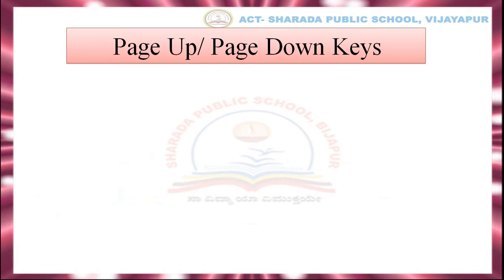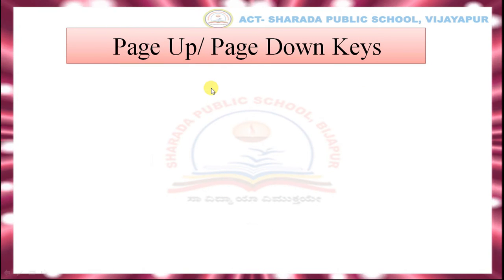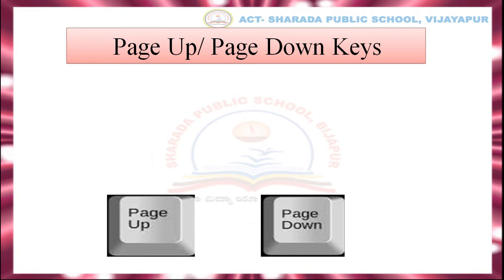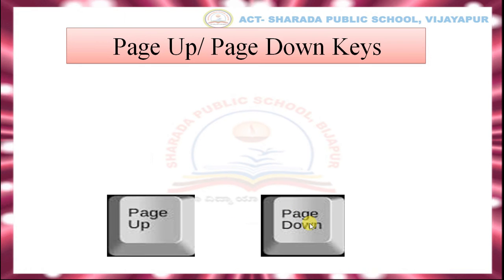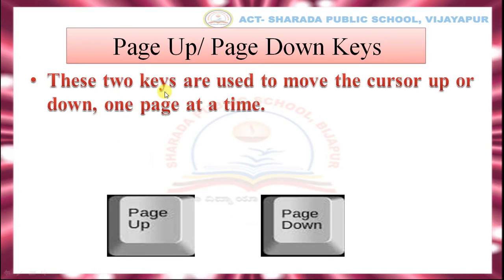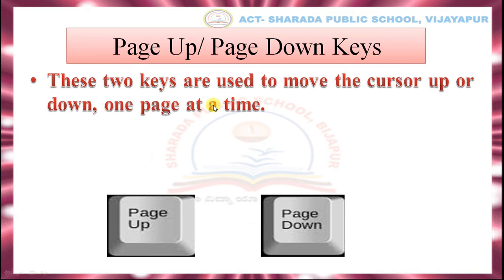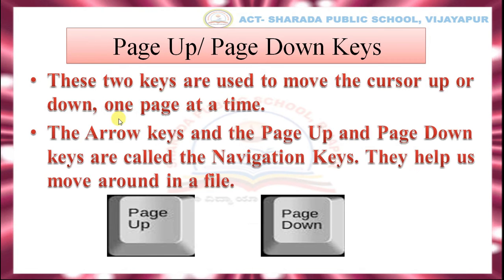Let's move to page up and page down keys. These keys are called navigation keys. Here you can see the page up and page down keys. These two keys are used to move the cursor up or down one page at a time.